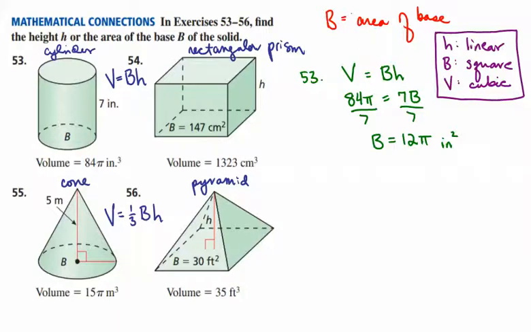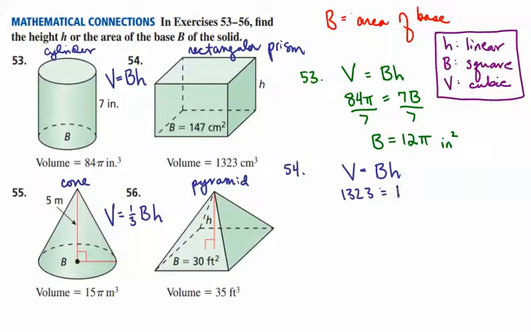We'll go on to number 54, which is the rectangular prism. Here we're given the area of the base, but not the height. So again, we start with our basic formula. Volume is equal to base times height. And we know that the volume is 1323.